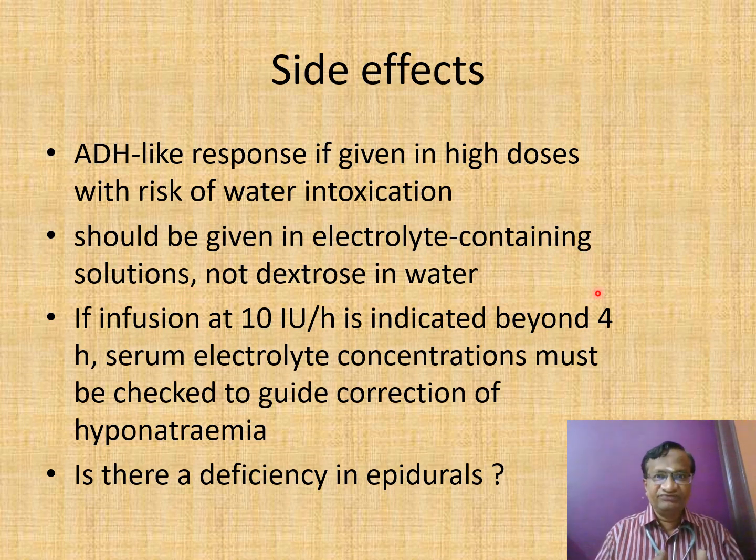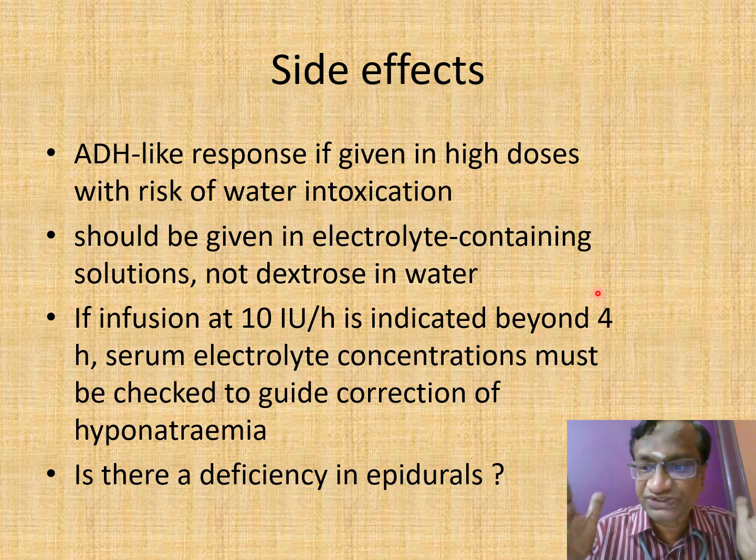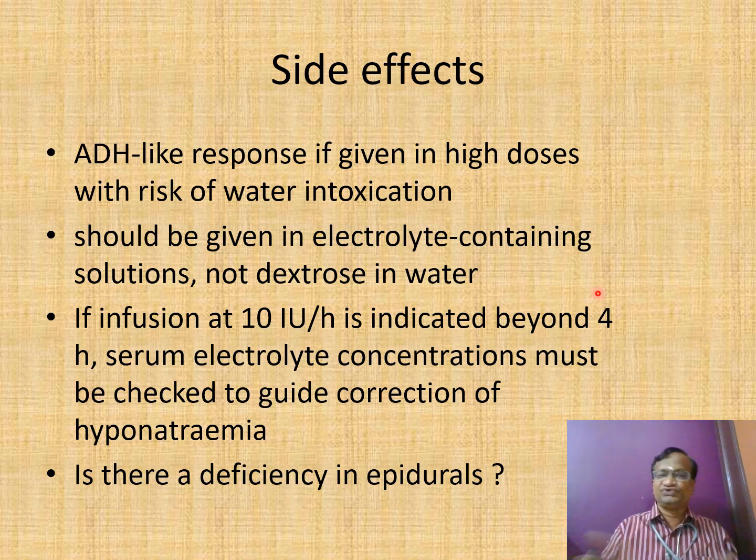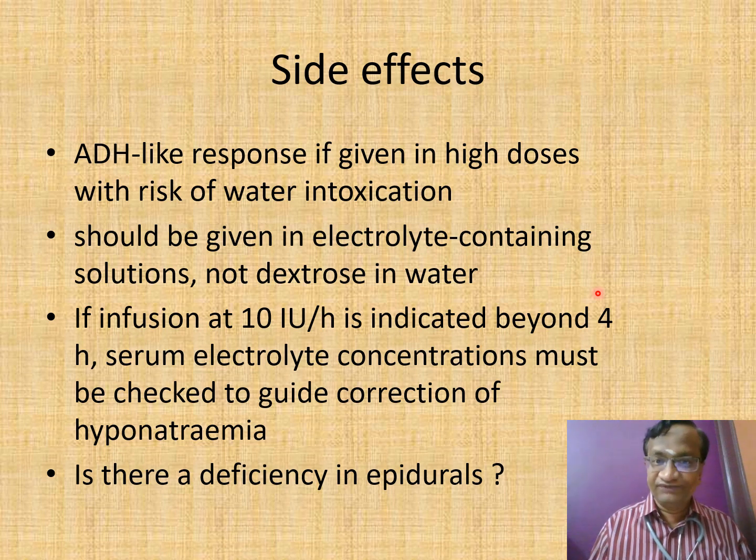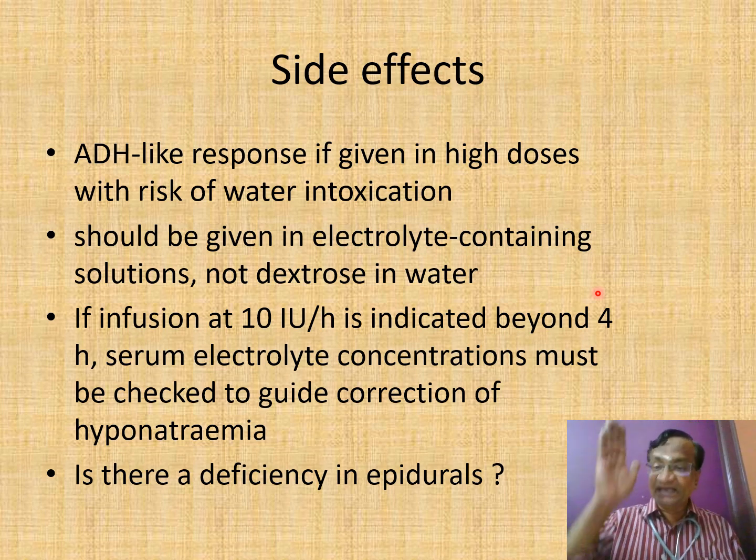This itself is somewhat sodium depleting, electrolyte depleting, oxytocin itself. So if you want to add it in an electrolyte-depleted 5% dextrose in water and give it as an infusion, it is not that good. So if you want to use it with infusions containing electrolytes, preferably Ringer lactate.